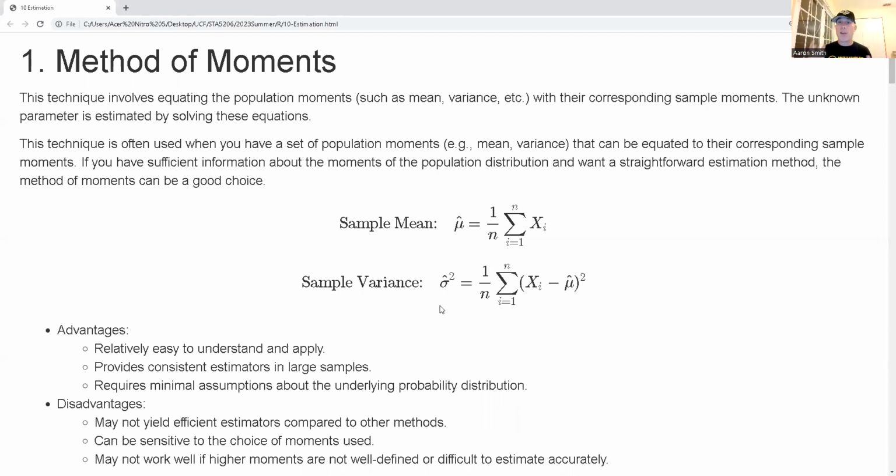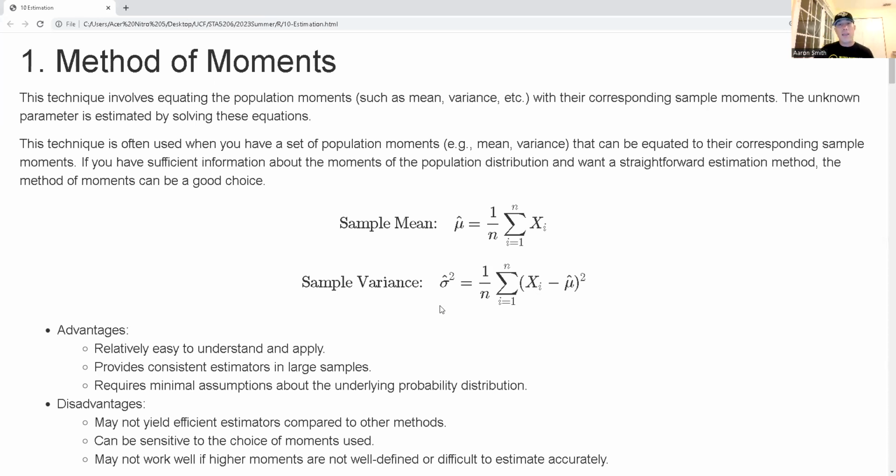So method of moments is like a system of equations, and maximum likelihood is like a calculus problem. All right, so if you're solid on your math, either one works for you, they're great. What's even better, honestly, R will do all of it for you most of the time. So even if you're not comfortable with systems of equations, even if you've never done calculus in your life, you can still use these techniques.